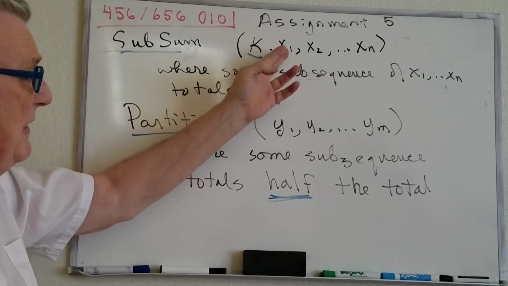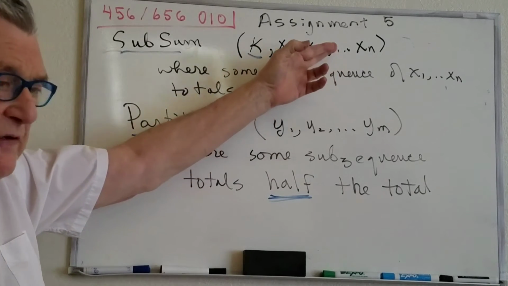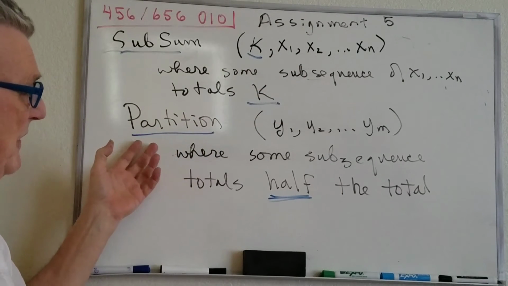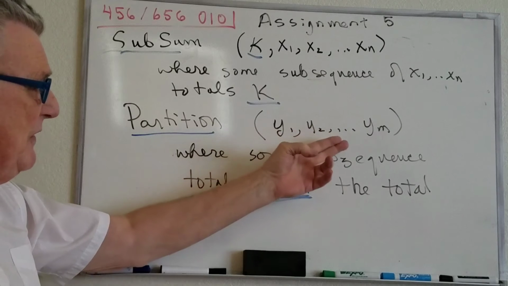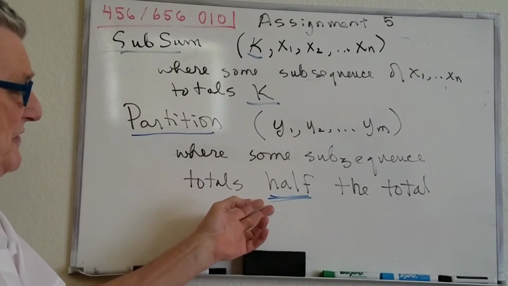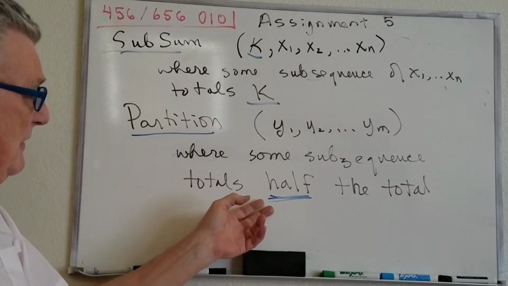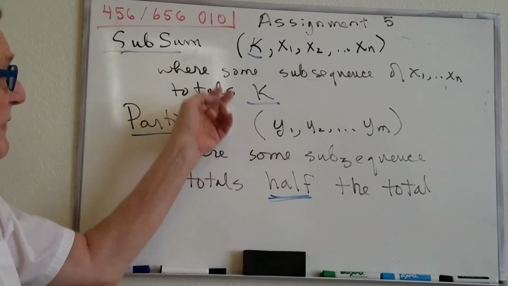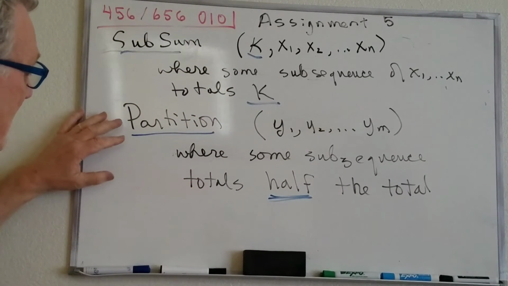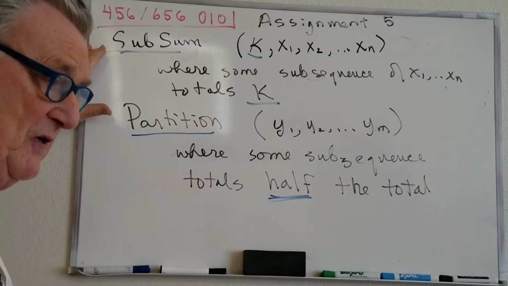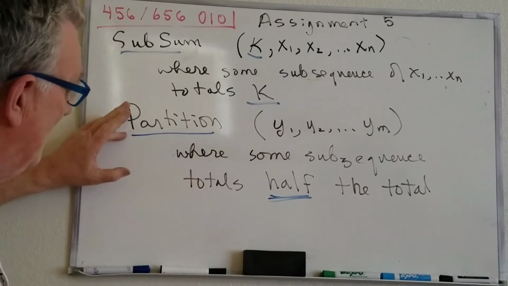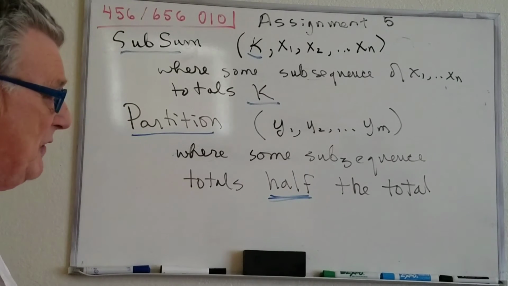In other words, the sum of some subset of a bunch of objects of these weights. Now, the partition problem is, if you have a bunch of objects of various weights, is it possible to find a subset whose total is exactly half of that total? It's pretty clear the partition problem is a special case of the subset sum problem. So there's a trivial reduction of partition to subset sum. But I asked you to find a reduction of subset sum to partition, which is the opposite, which is somewhat harder.